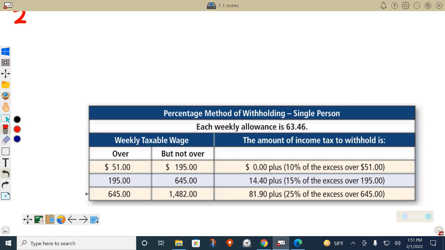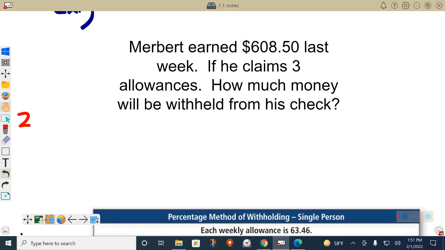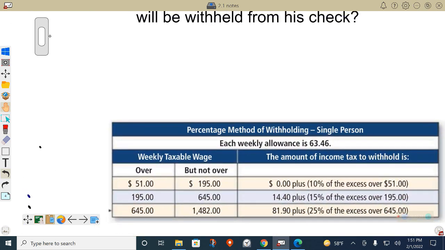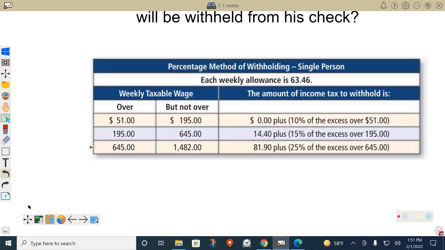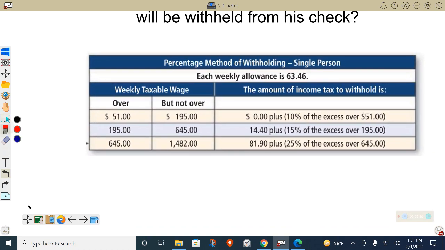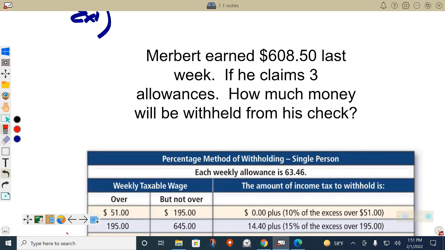It's saying, look, Merbert, we need to find Merbert's taxable wage. In other words, the federal government is not going to tax Merbert at $608.50. They're going to tax him at a lower amount because he's raising a family.